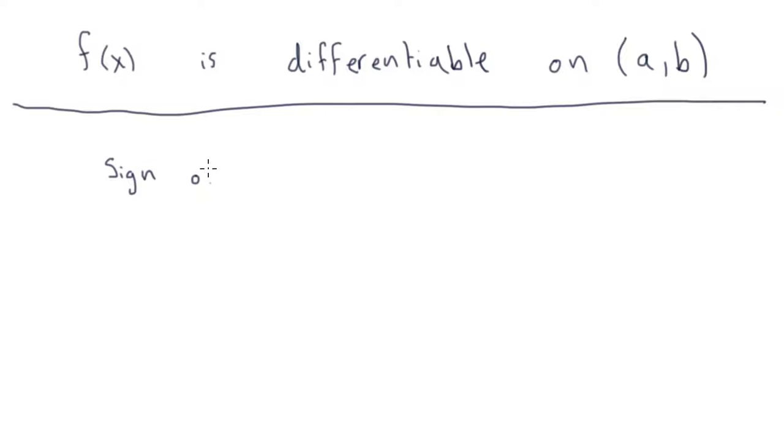So since f is going to be differentiable, we can talk about the sign of f prime of x on this interval. And of course, here I mean plus or minus.